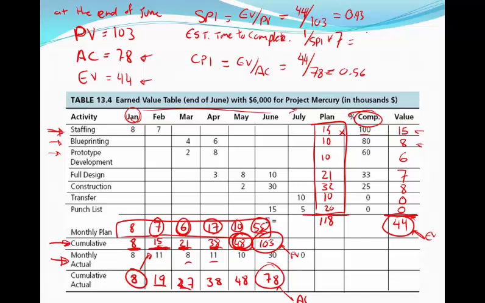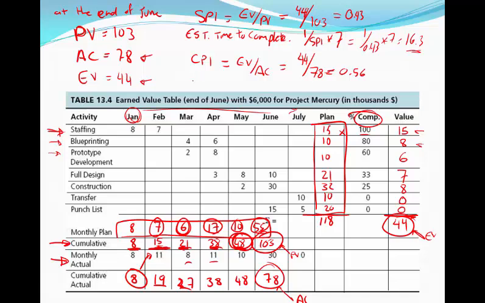So this equals 1 divided by 0.43 times 7 months, and that would give us 16.3 months. What this number is telling us is if we continue to run this project at the same pace we are right now, it would take us 16 months to complete the project.